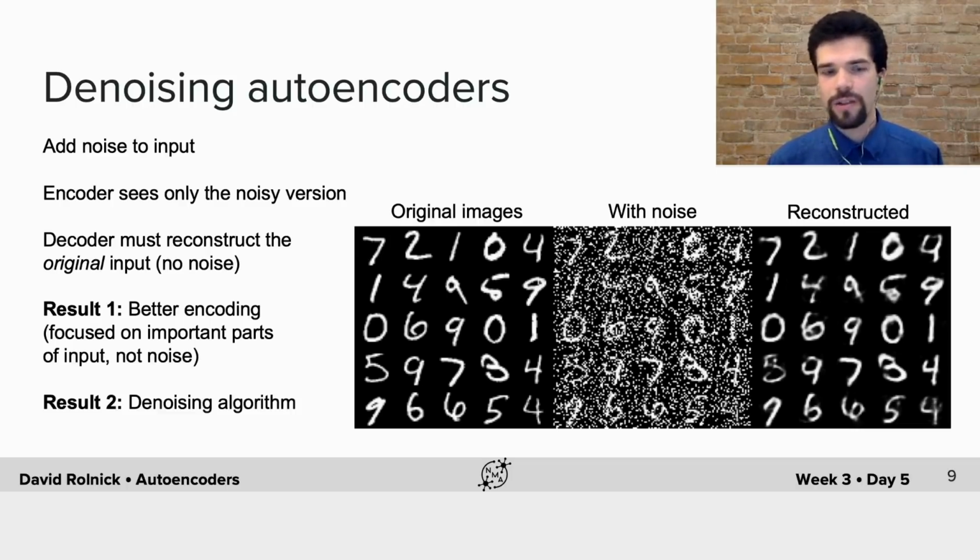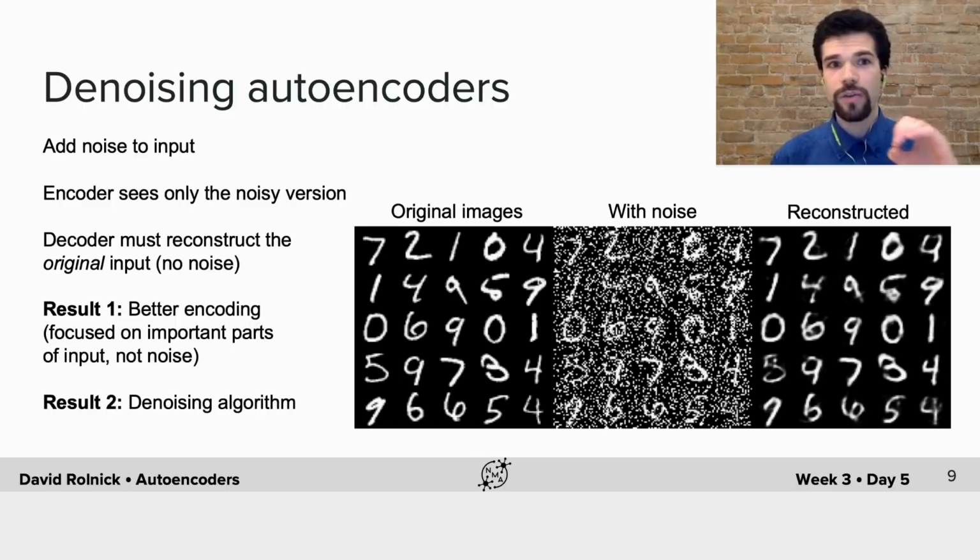The second result is, in addition to getting a better encoding and decoding, you actually also get a denoising algorithm for free here. Normally in an autoencoder you could use the encoder to create a low-dimensional representation, and you could use the decoder to visualize the high-dimensional version of a low-dimensional representation.